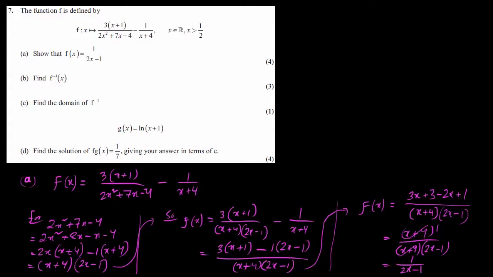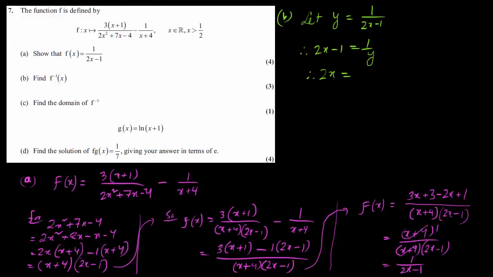Now for question B, what we have to do is find the inverse. Remember, from now on, f(x) is this expression, 1 by (2x − 1). So for inverse, the first thing we do is let y equal that expression, 1 by (2x − 1). Now we have to convert x to y. So 2x − 1 equals 1 by y.